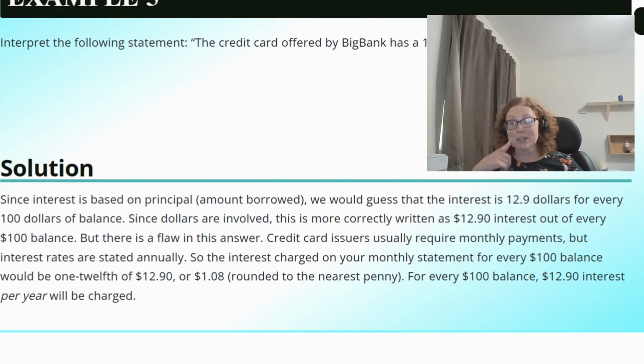But that wouldn't be correct because credit cards usually have monthly payments, but the interest rates are stated annually. So it would be 1/12 of the $12.90, or about $1.08 every month.